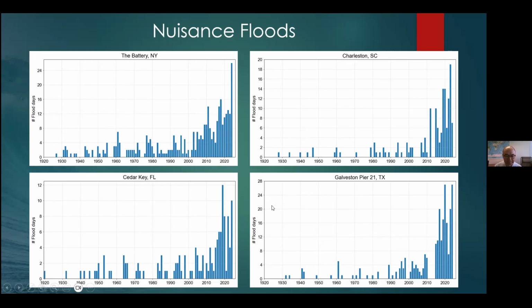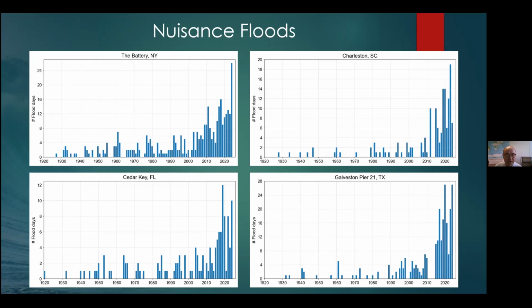On the other coastal regions, you also see the rapid increase of the nuisance floods, right? Before 2010, you can see there are years without any floods, but after 2010, almost every year a flood occurs on these coastal regions.